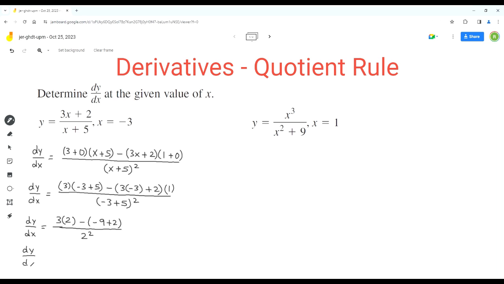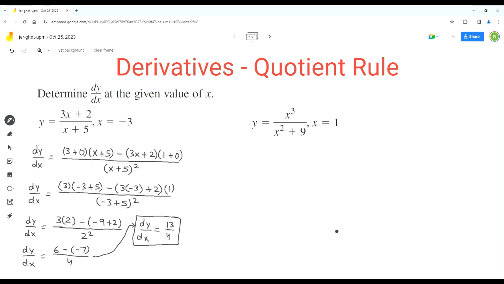So dy over dx equals 3 times 2 is 6, minus -7, over 4, since -9 plus 2 is equal to -7. Now 6 minus -7 is equal to 13. So we get 13 over 4. This should be the final answer for dy over dx for the given function at x equals -3.